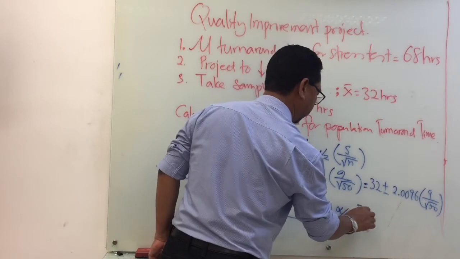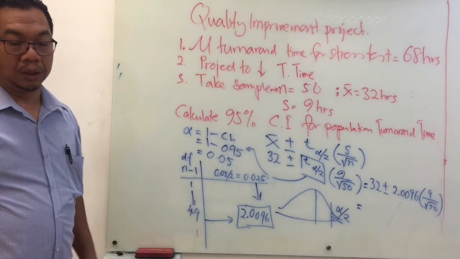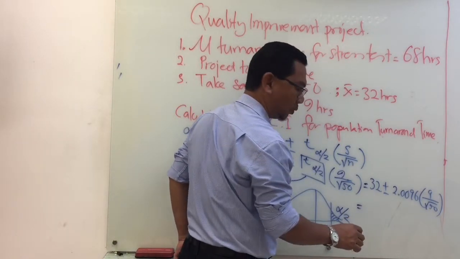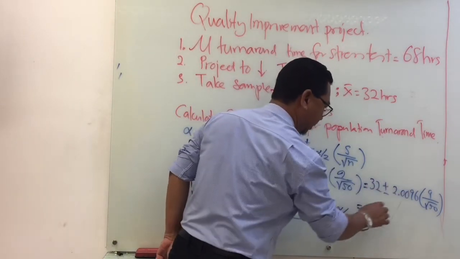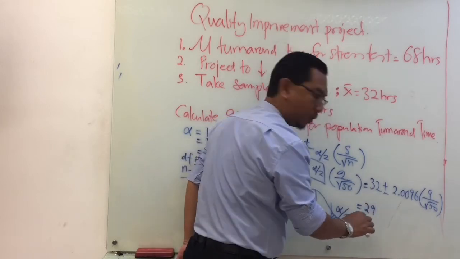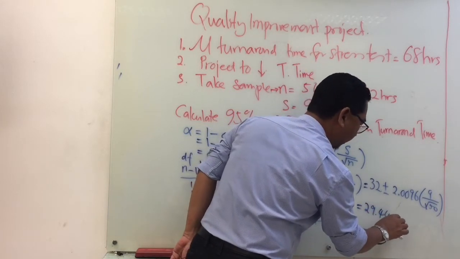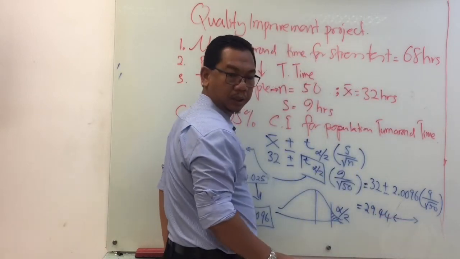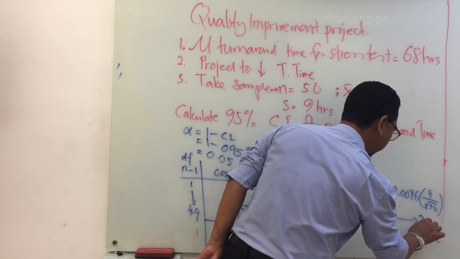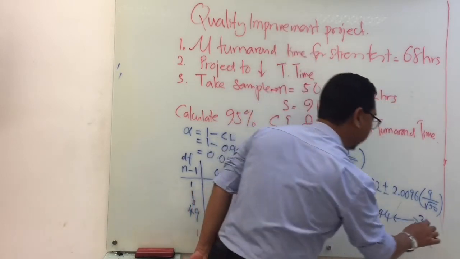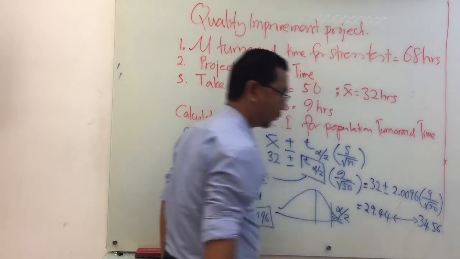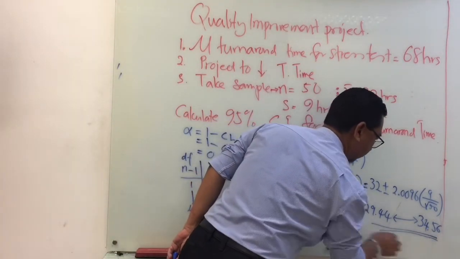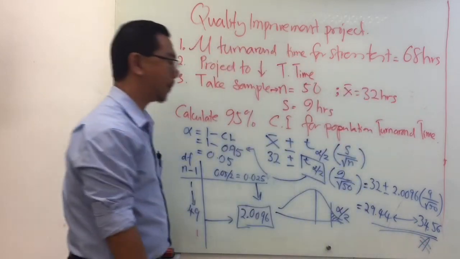So the confidence interval, when you calculate this, will have a lower limit of 29.44 and an upper limit of 34.56. So this is the final answer.